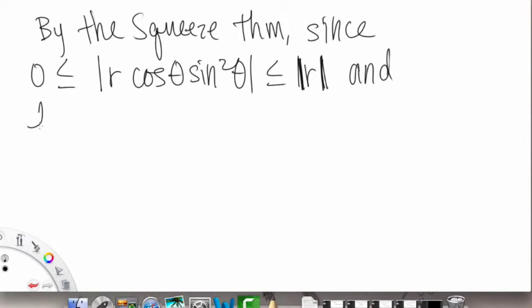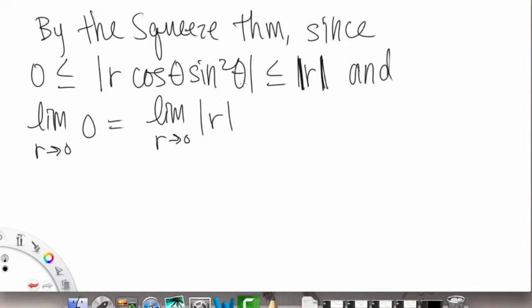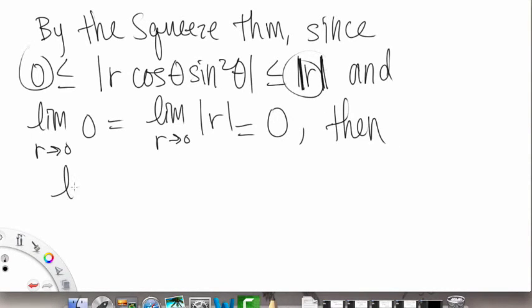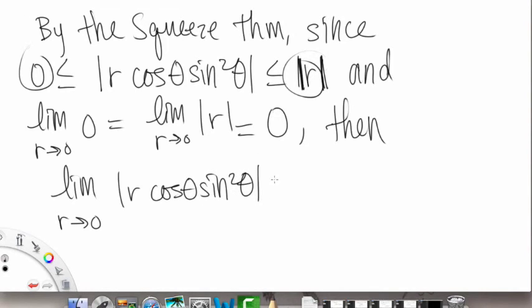and since the limit as r goes to 0 of 0 is equal to the limit as r goes to 0 of the other side, and both are equal to 0, then the limit as r goes to 0 of r cosine theta sine squared theta must equal 0.